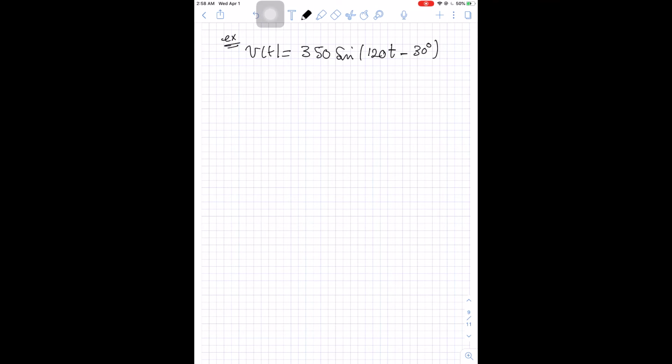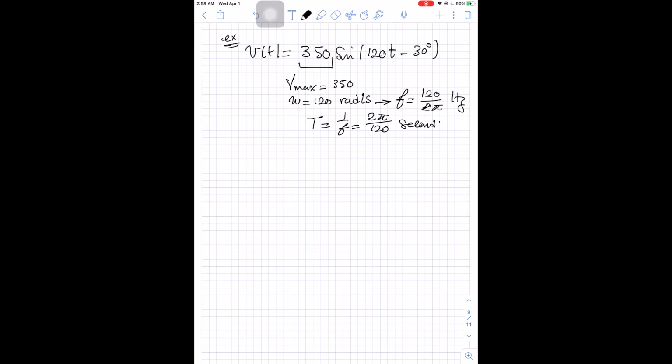This means that your maximum voltage V max is 350. Your omega is 120 radian per second. And if this is omega, we know that omega is 2 pi f. So f is 120 divided by 2 pi in hertz. And T is 1 over f, so it's 2 pi over 120 seconds. And this is a sine wave shifted by 30 degree.